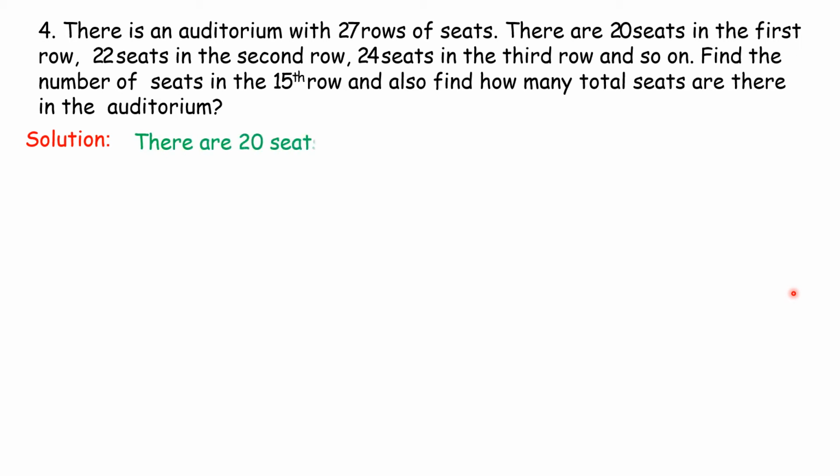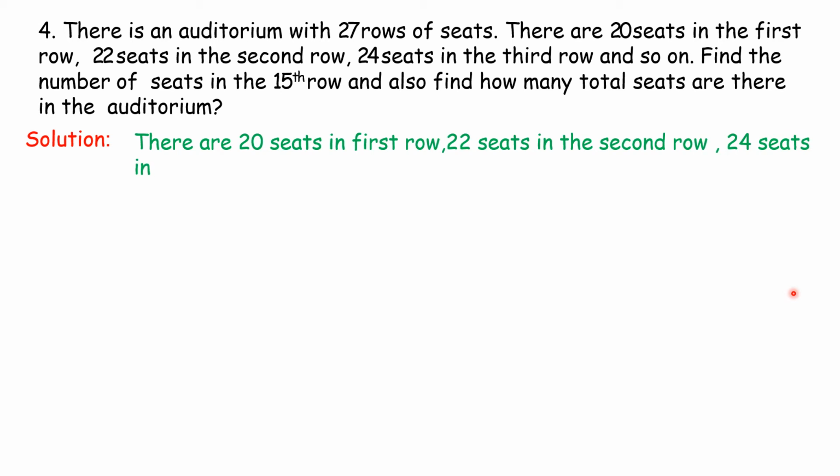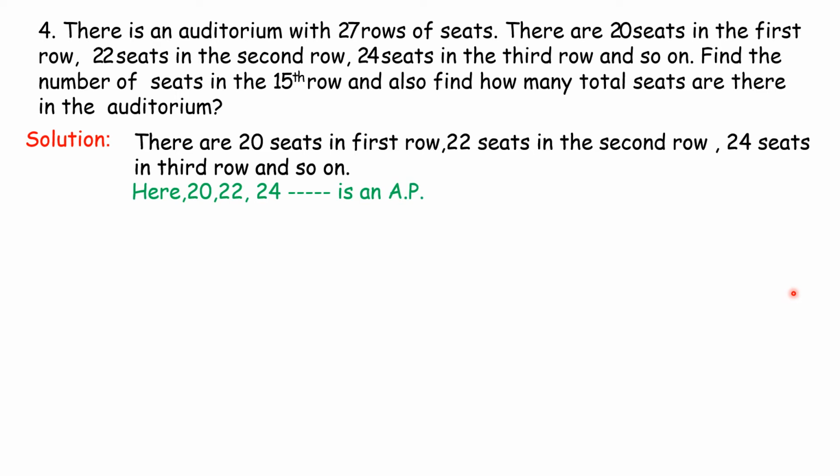There are 20 seats in first row, 22 seats in second row, 24 seats in third row, and so on. Here 20, 22, 24, so on is an AP.